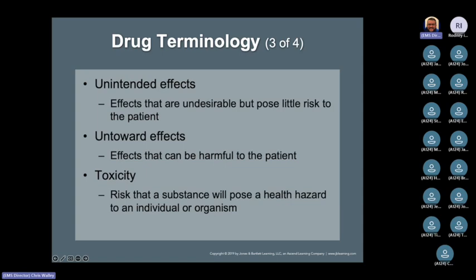Toxicity is the risk that a substance will pose a health hazard to an individual or organism. So you can have medication toxicity if you're taking too much. Like if you give two medicines together, let's say a patient has a cardiologist that gives them a lot of medicines, and then we turn over, we go to a respiratory doctor, and they give another type of medicine.